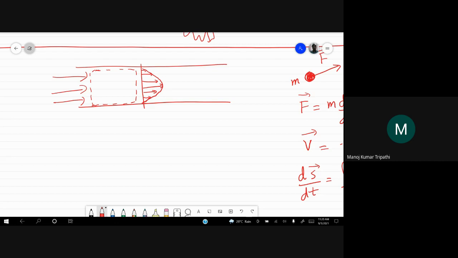As you go close to walls, it becomes very less, and at the walls it is 0. Now you can see that the particles that lie in the center of the pipe will move ahead of the particles that are close to walls. So after some time, this would have deformed to a shape.